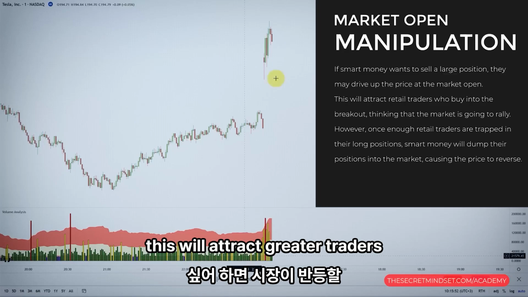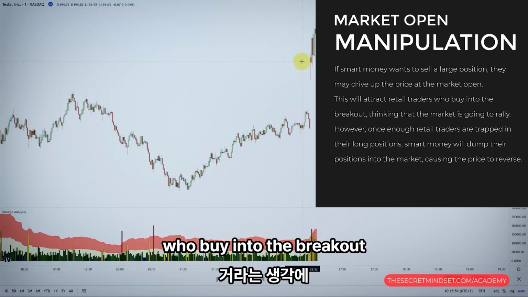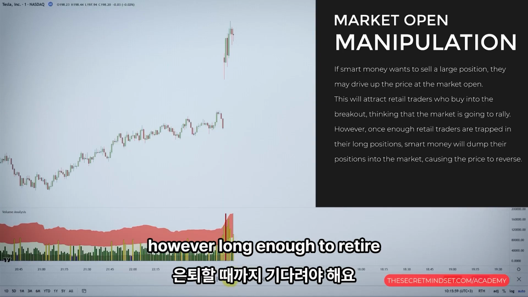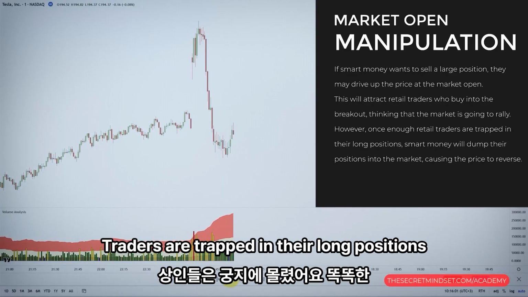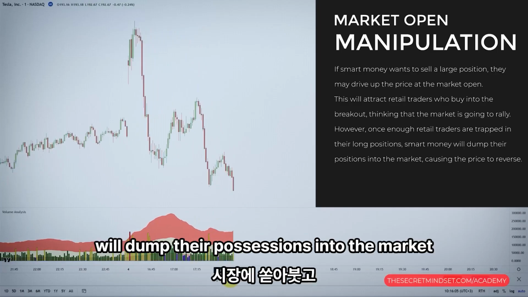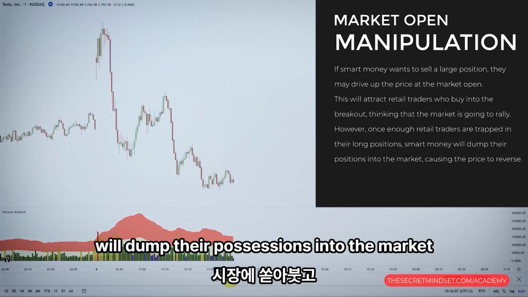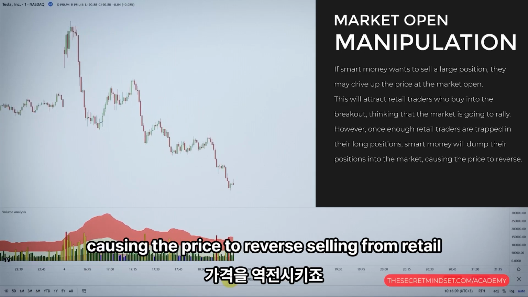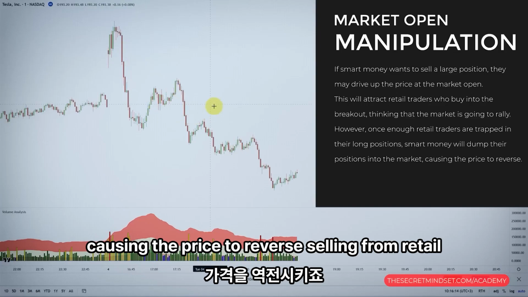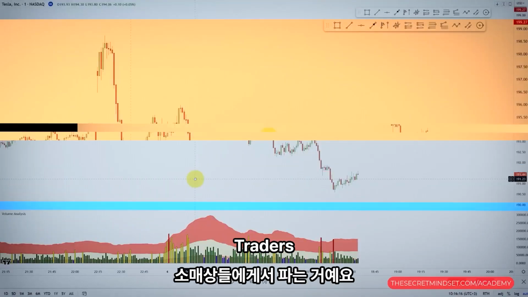This will attract retail traders who buy into the breakout, thinking that the market is going to rally. However, once enough retail traders are trapped in their long positions, smart money will dump their positions into the market, causing the price to reverse. This will trigger stop-loss orders and panic selling from retail traders.